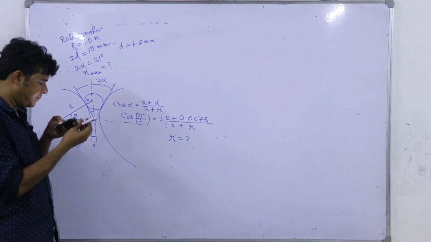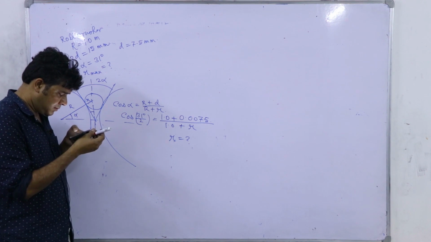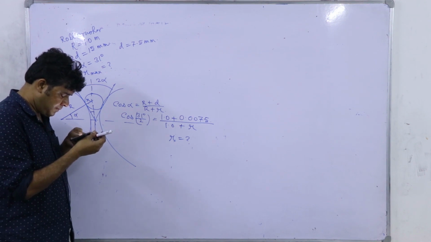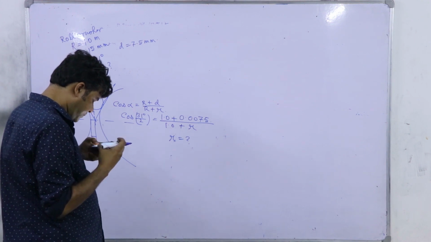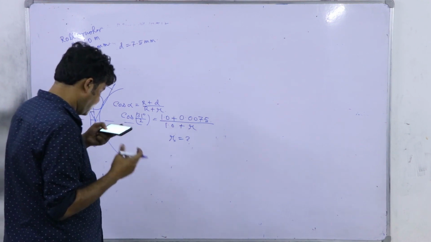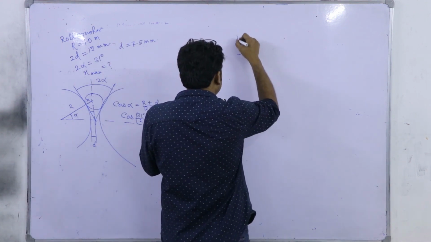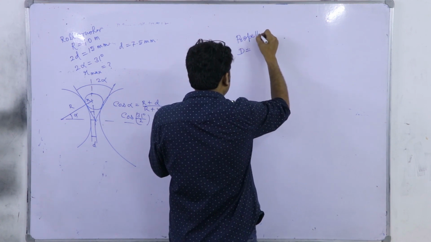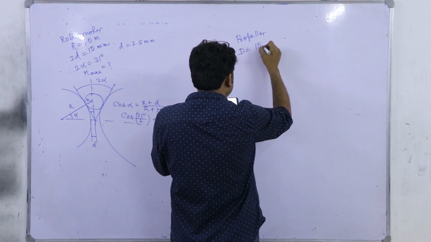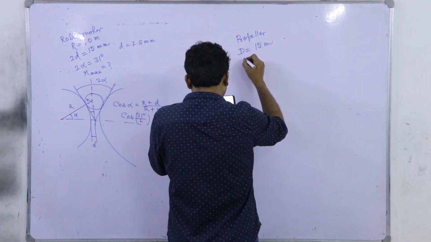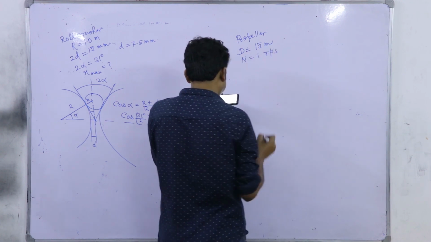Okay. Again a scale up problem related to this impeller. A propeller of diameter 15 meter rotates at n equal to 1 rps.